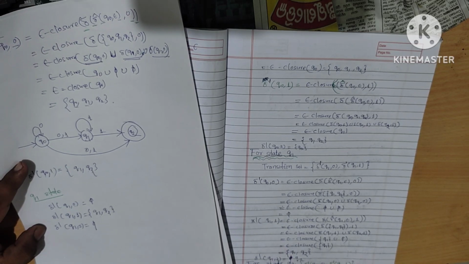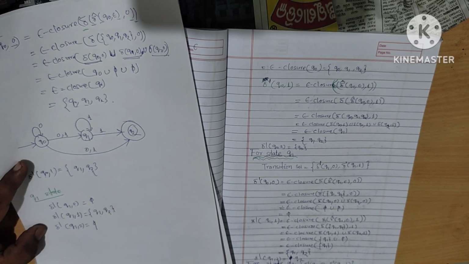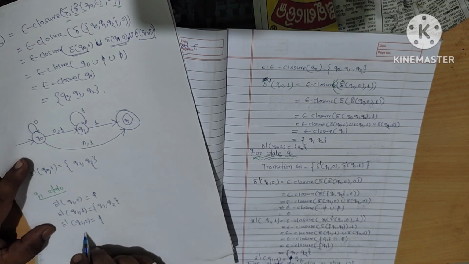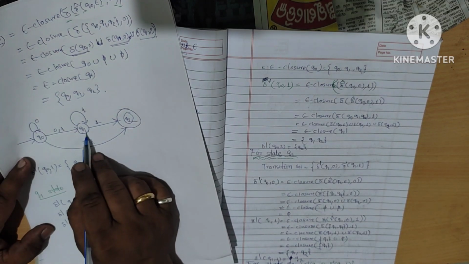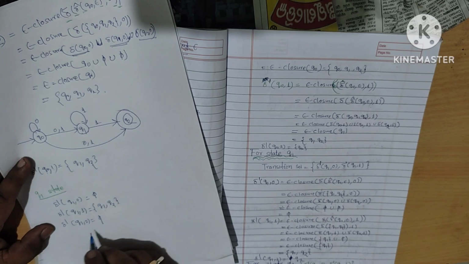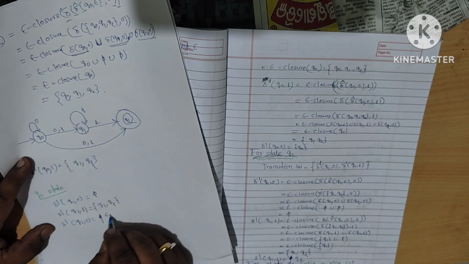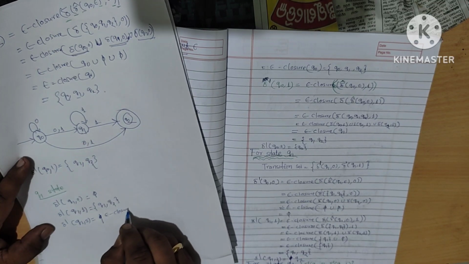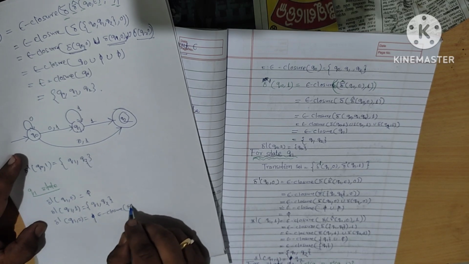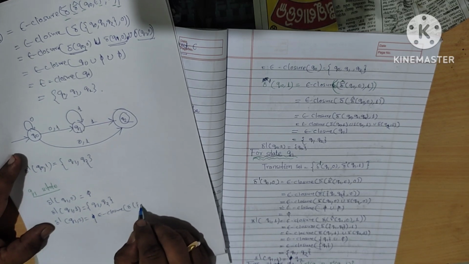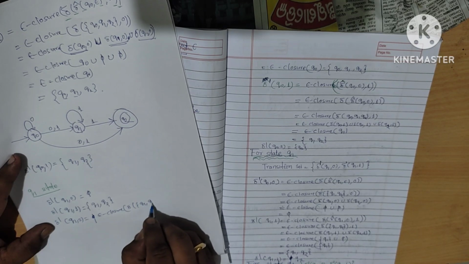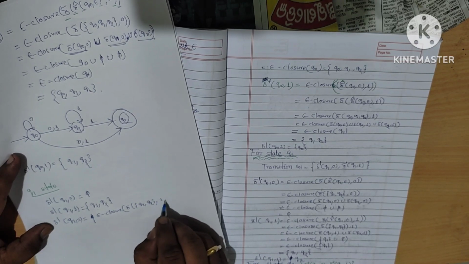No, it is not 5 here. Because we are finding the q1 here, let us check here epsilon closure. Here we have already known that this is q1, q2 on input 2.